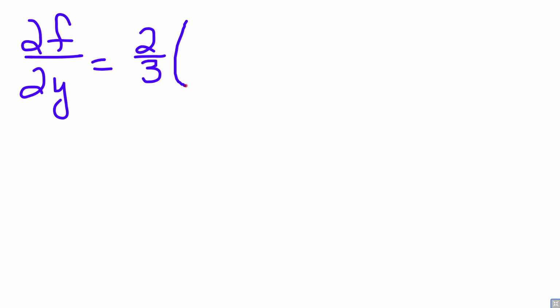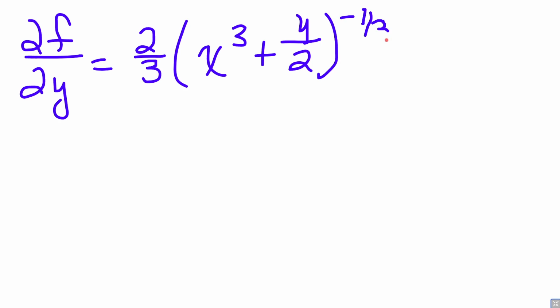Okay, so next, still the same problem, but I want to look at the partial of f with respect to y. Again, the 2/3 is going to come down. Then I'm going to be left with x cubed plus y over 2, raised to the negative 1/3 power.